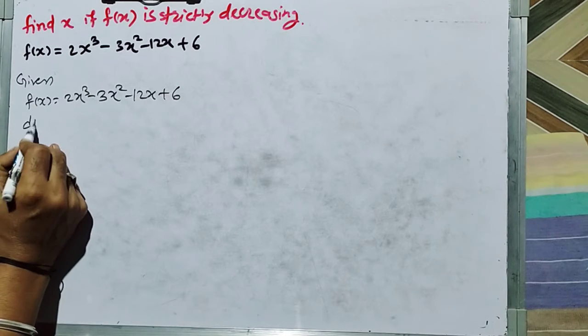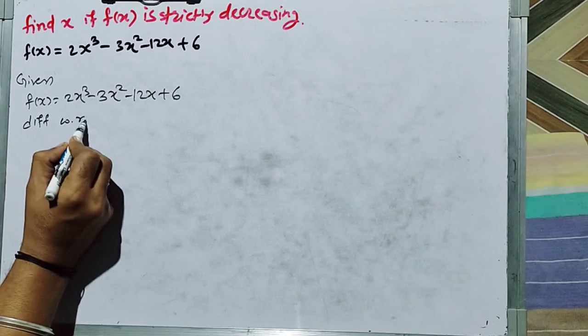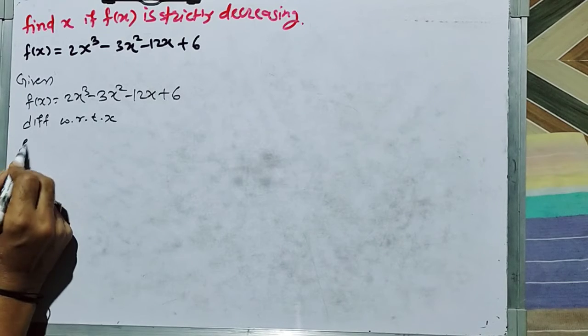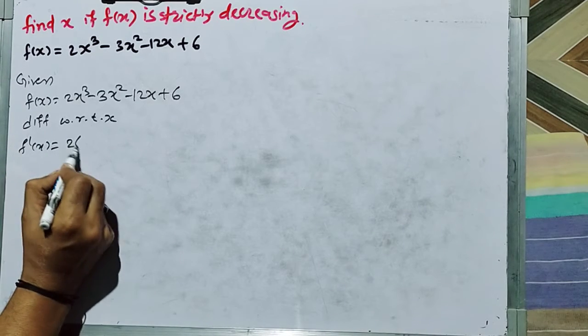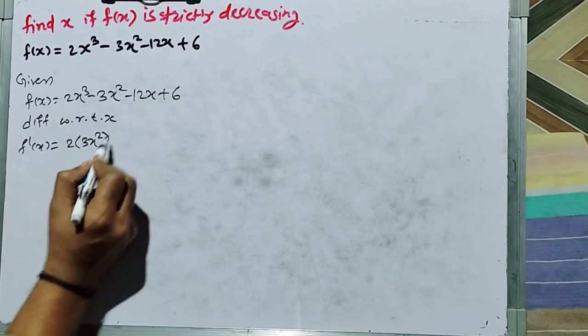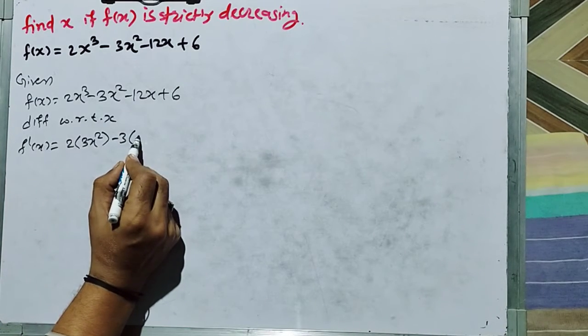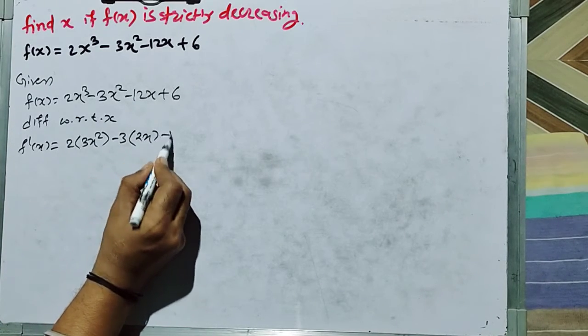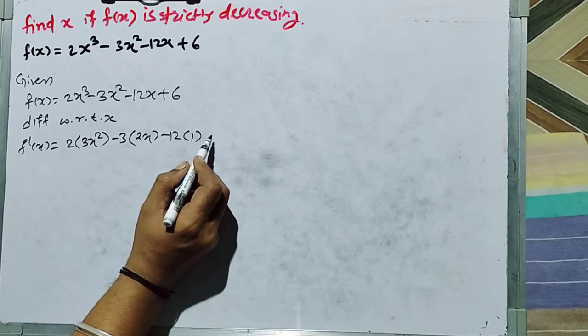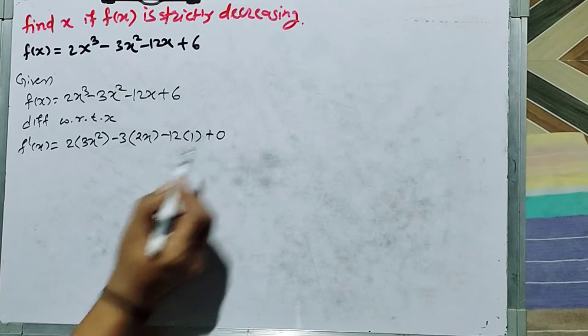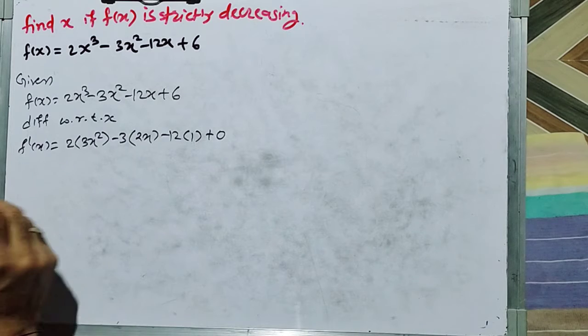So differentiate with respect to x. So f'(x) = 2 into derivative of x³ is 3x², minus 3 into derivative of x² is 2x, minus 12 into derivative of x is 1, and derivative of 6, a constant term, is 0.